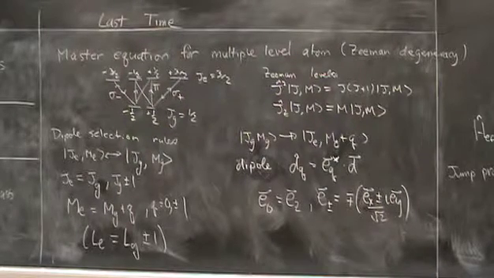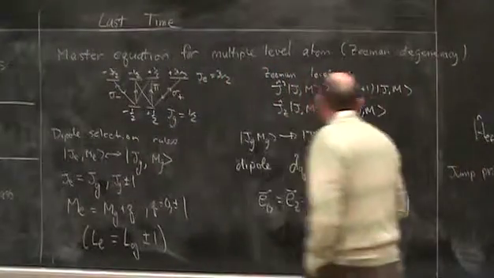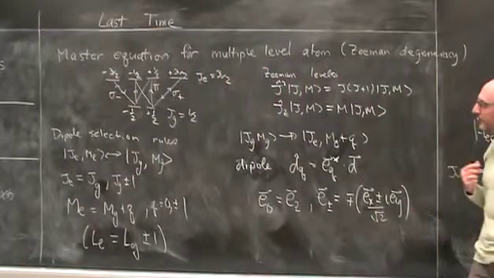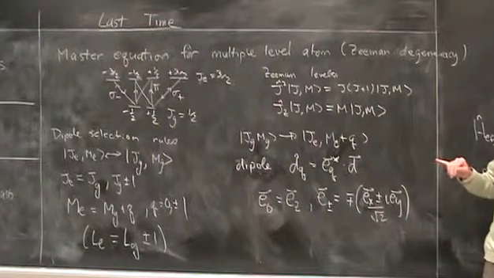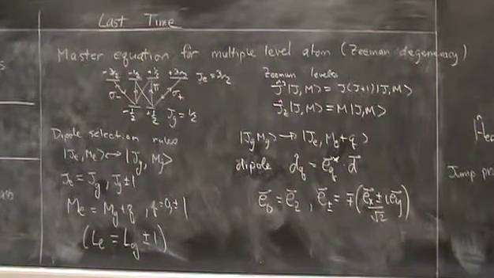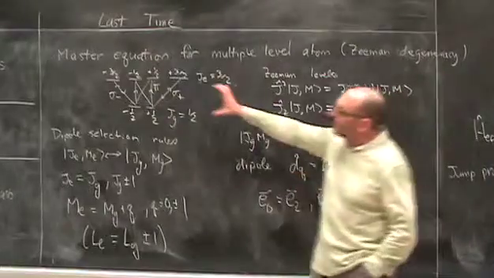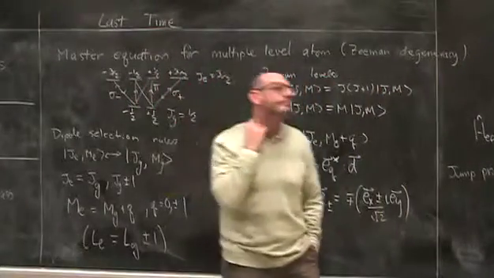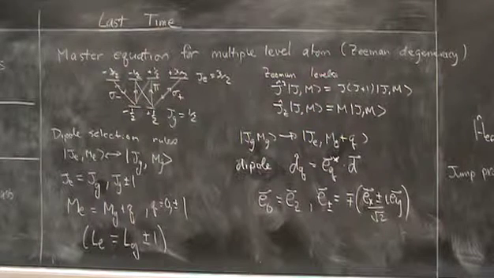And these particular transitions are driven by a dipole which is oscillating in one of 3 ways. Either it's oscillating linearly along the quantization axis, in which case we call that a pi transition. That's when the m quantum number doesn't change.